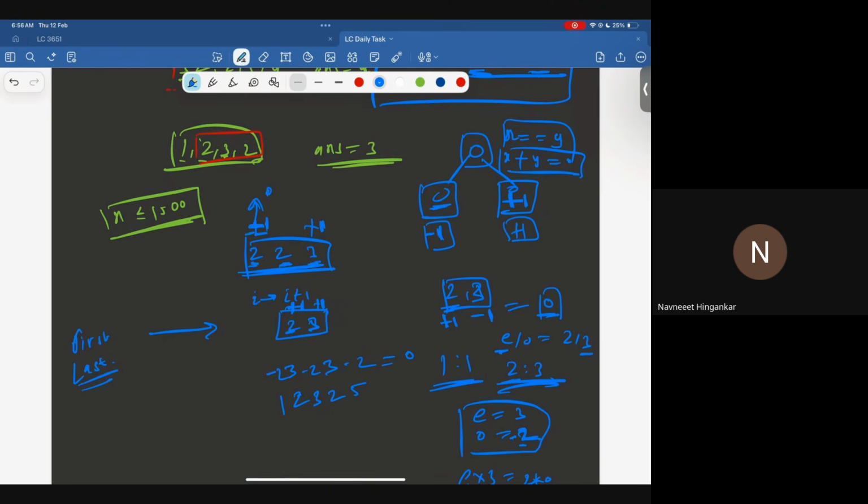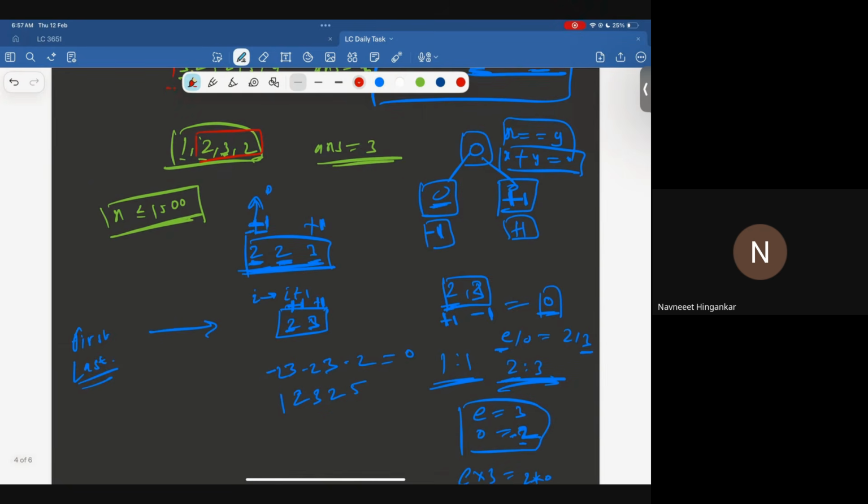So similarly for all the elements, I will store the next occurrence of that element, and the moment my left pointer goes from I to I+1, I will try to increment this count. So in this case, my I became I+1.